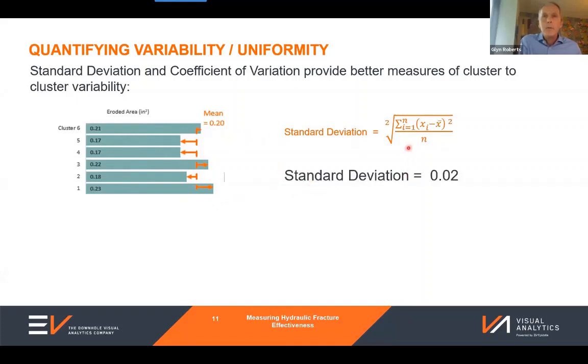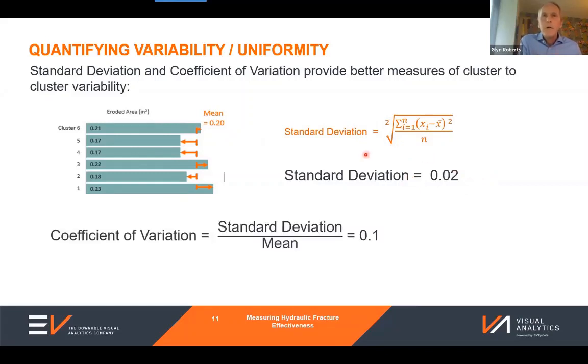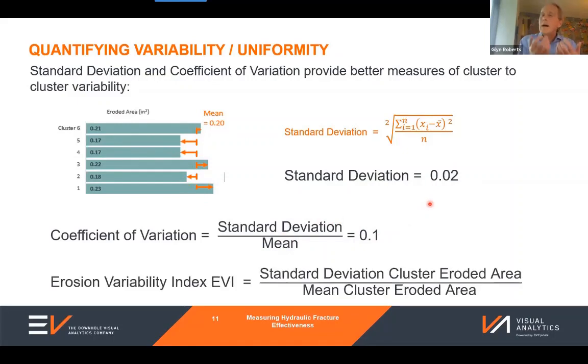In this example, that's the resulting number. However, coefficient of variation is more often used when we want to compare different data sets against each other. And the two things are closely related. Coefficient of variation is just the standard deviation divided by the mean of the values. So in this case, the standard deviation here would be 0.1.